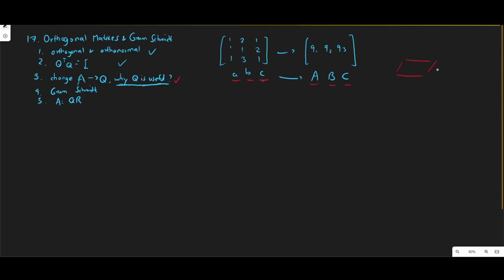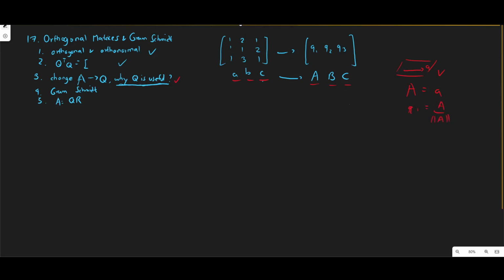Let's say you have the subspace V, and the small a lives in this subspace V. Initially we always set the first vector to be the orthogonal one, and then we can divide A by its length again to get the unit vector.